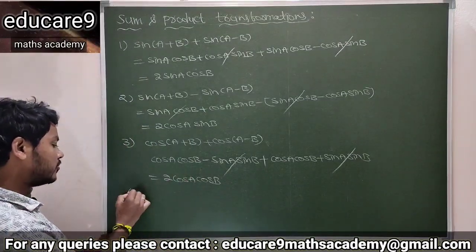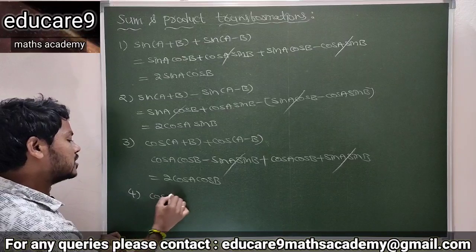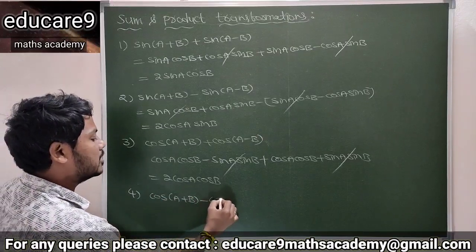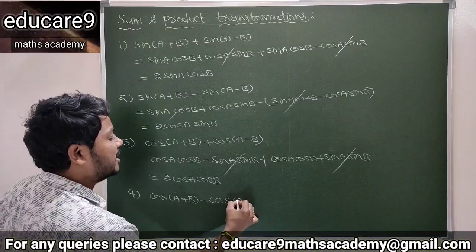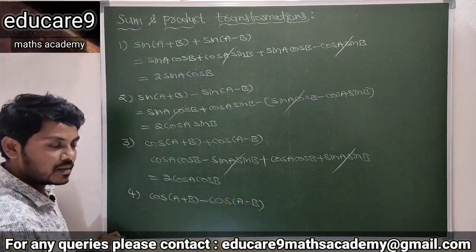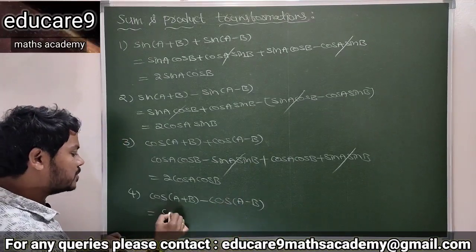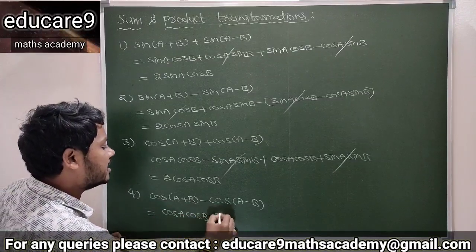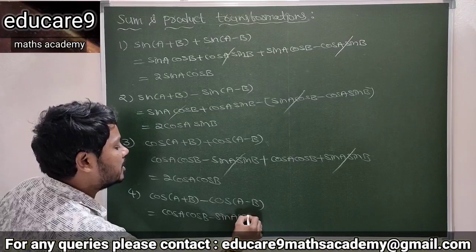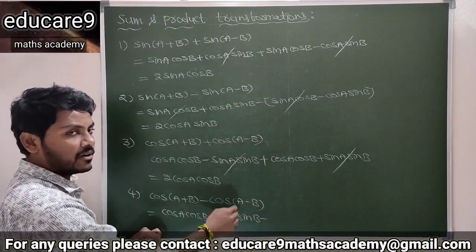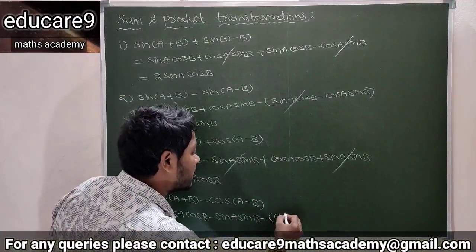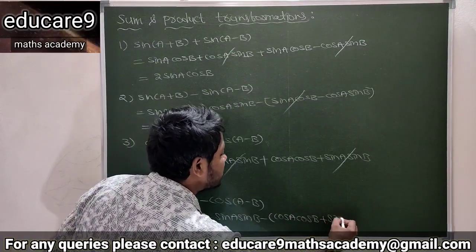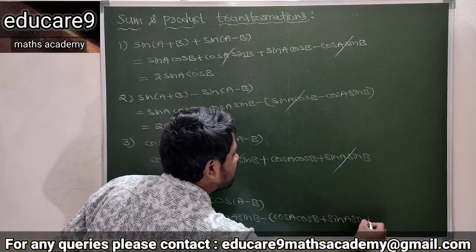So here, next, the fourth one, cos of a plus b minus cos of a minus b. See here, what is the cos of a plus b formula? Cos a cos b minus sin a sin b. And the cos of a minus b formula, cos a cos b plus sin a sin b.